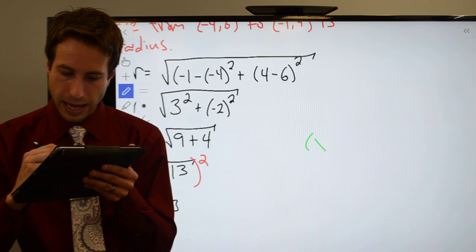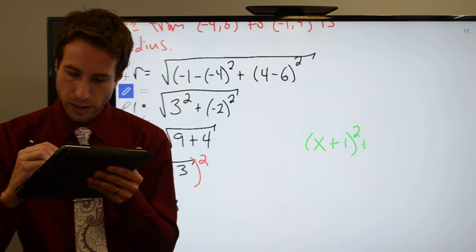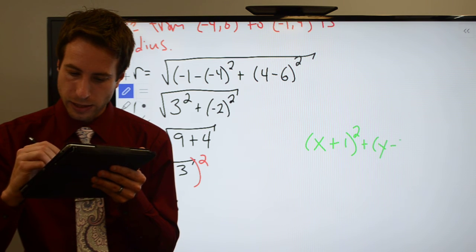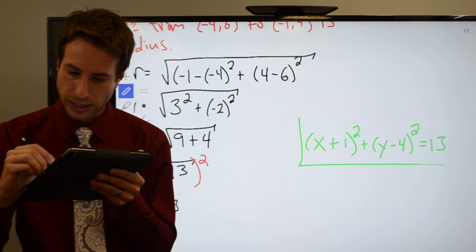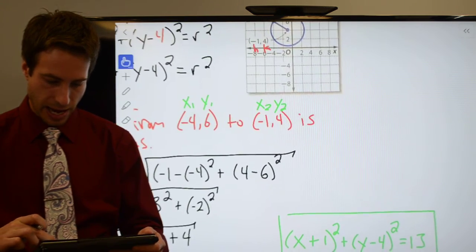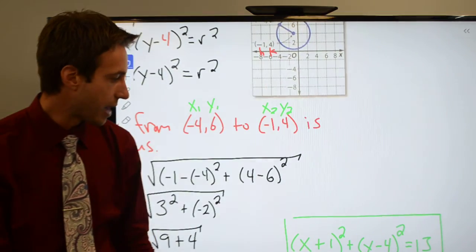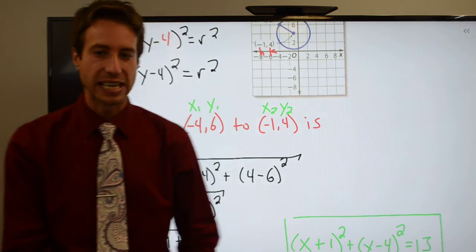It was (x plus 1) squared plus (y minus 4) squared is equal to 13. That equation right there is the equation for the circle given to you in the graph.